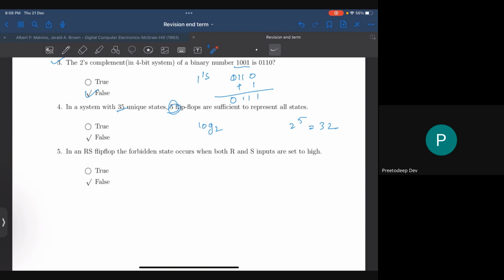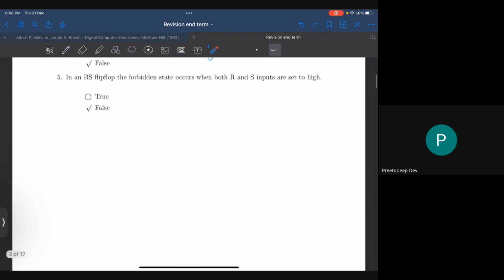This type of question will not be there, don't worry. But I checked Morris Mano after Monidipa raised that issue, and in Morris Mano, 0 0 is given as the forbidden state. So basically we are following the Morris Mano book.